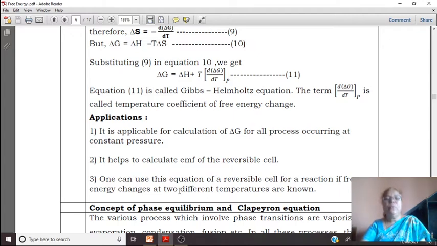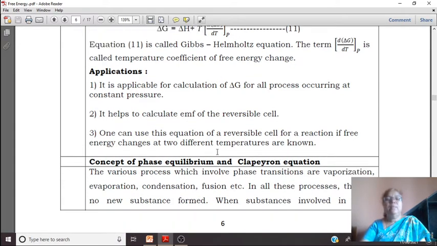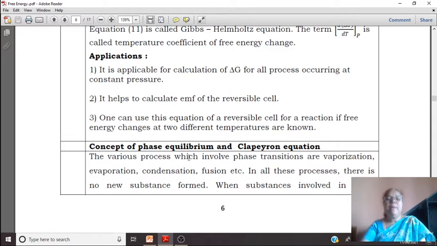These are a few applications of the Gibbs-Helmholtz equation. Okay, this is the Gibbs-Helmholtz equation, and it gives the relationship between enthalpy of the system, Gibbs free energy and temperature coefficient. Then the next point, the Clapeyron equation and the Clausius equation.